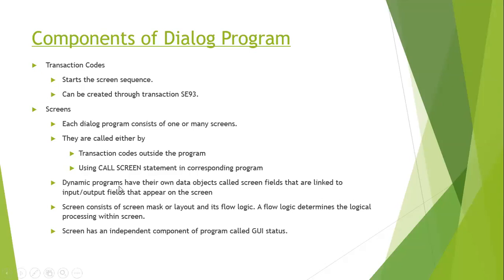In these screen fields, every output and input field appears. This will be discussed when I do a demo of module pool programming. Then a screen consists of a screen mask layout. I will show you at program level once I start the demo. Got it?